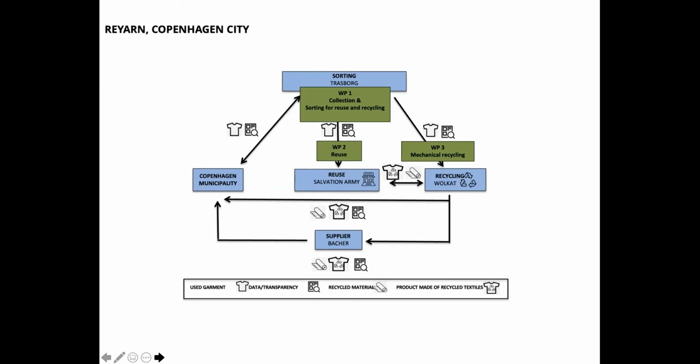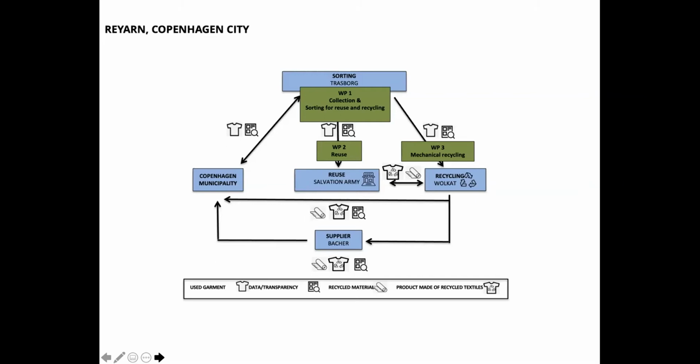Then the fraction for reuse will be taken out, and by reuse, here we mean reuse for the local Danish market. This varies from country to country, but many Nordic countries do very little sorting in the country, and the majority of the collected textiles are exported abroad for sorting, reuse, and recycling.